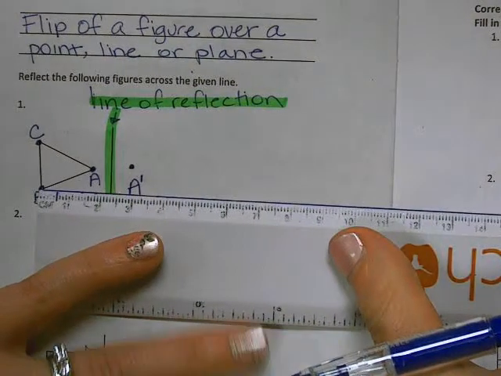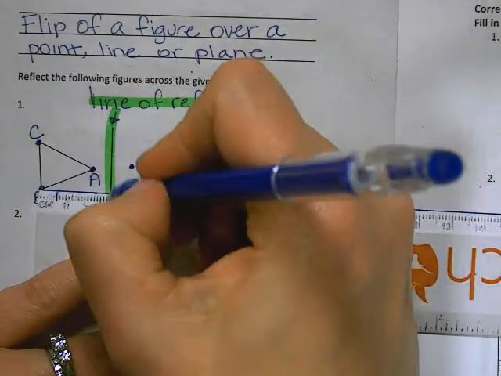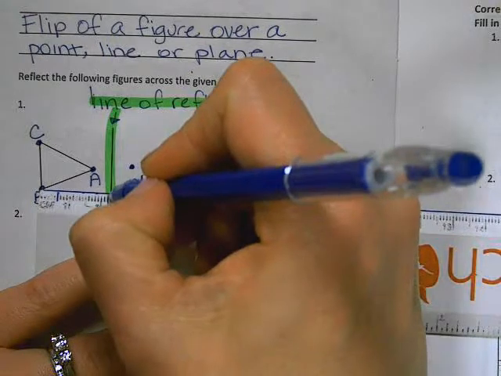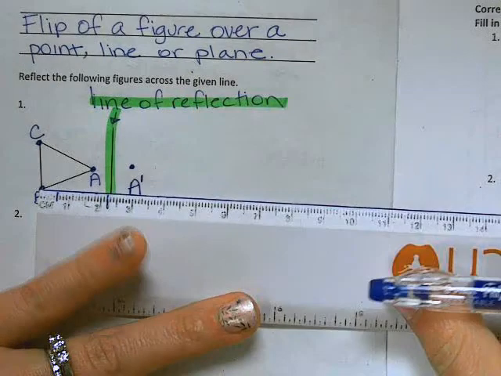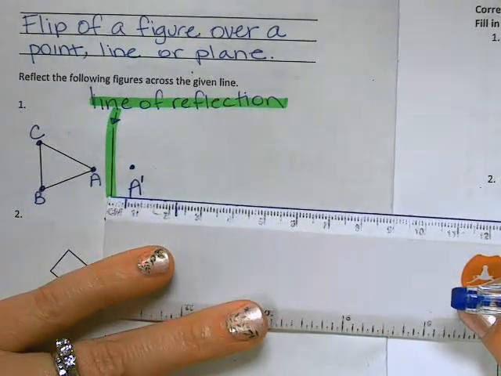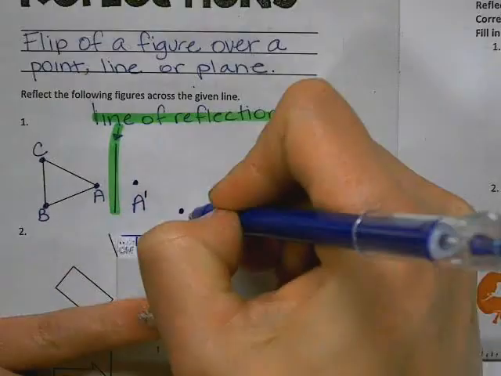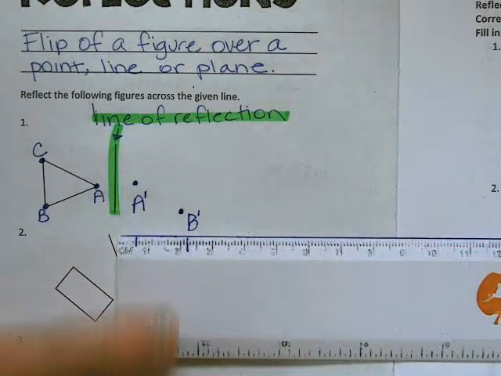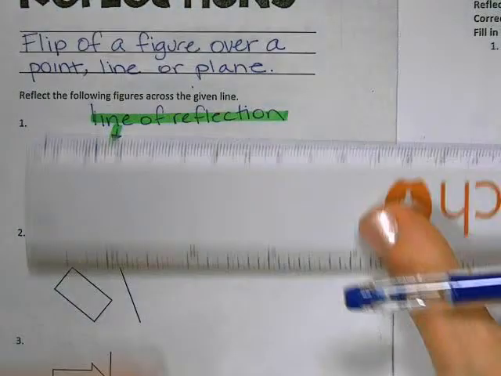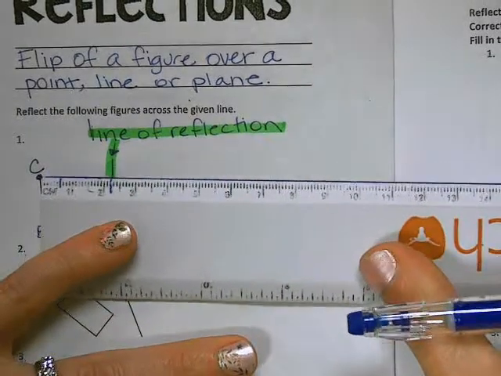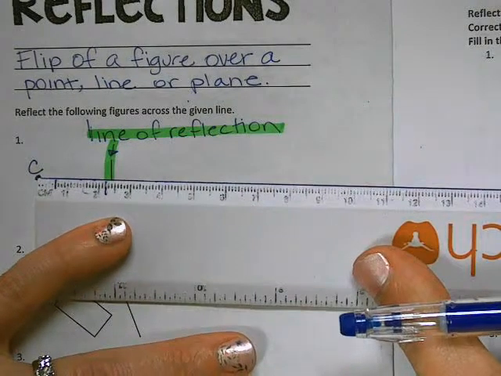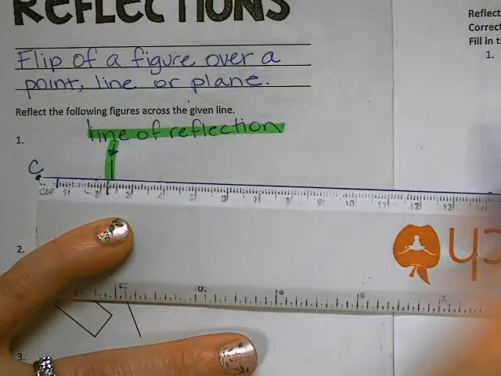We're going to do the same thing with B. We're going to say that's about 2.2 away from the line. Mark it on my ruler, and then I'm going to go, sorry, this is B, my bad. Put a dot, and this is point B prime. We're going to do the same for C. It's about 2.3, right?